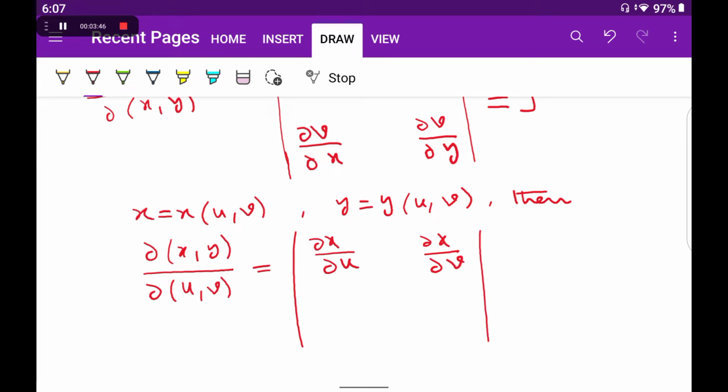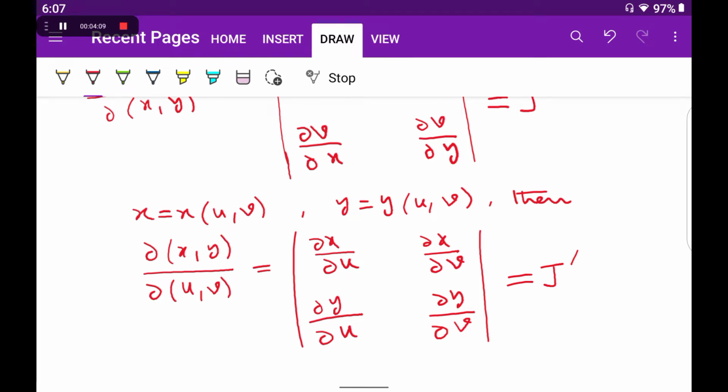That means first row is all about x, right? Dou y by dou u, dou y by dou v. We denote it by J dash or J prime.